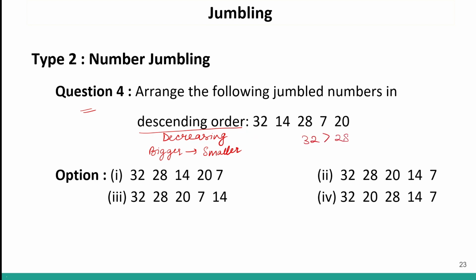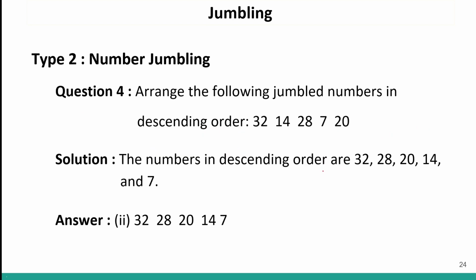It is bigger than 28, which is bigger than 20, which is bigger than 14, which is bigger than 7. So the correct order in decreasing order will be 32, 28, 20, 14 and 7. This is given in option number 2. So option number 2 will be your correct answer. Here is the solution.